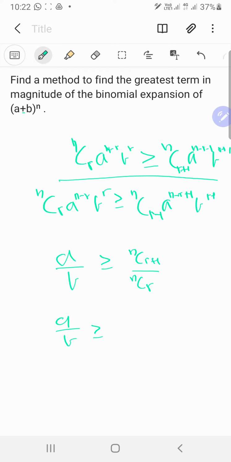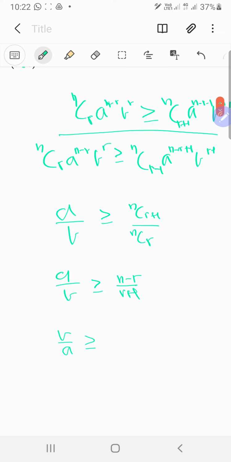So we have a formula for that, which is (n-r+1) upon r, and for here the value of r is r+1, so it's going to be (n-r) upon (r+1). And then similarly you will have b upon a bigger than or equal to n choose r-1 upon n choose r, which is the reciprocal of our formula, so it's going to be r upon (n-r+1).